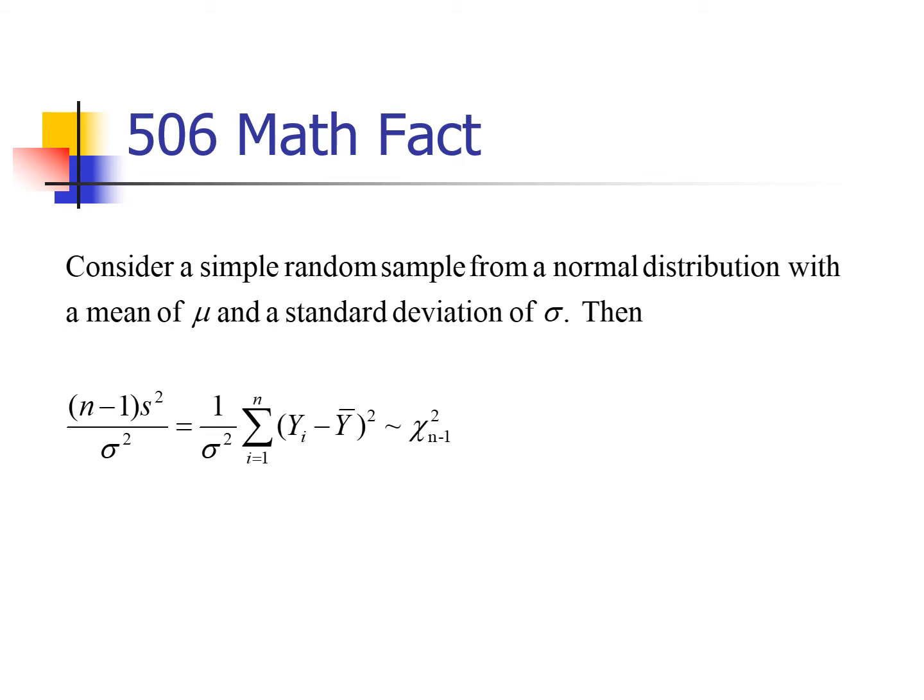With a mean of mu and some standard deviation sigma, then math fact: n minus 1 times s squared over sigma squared, that particular ratio, which is equivalent to that summation over sigma squared, right? Because s squared times n minus 1 is just basically stripping away the denominator of the variance.